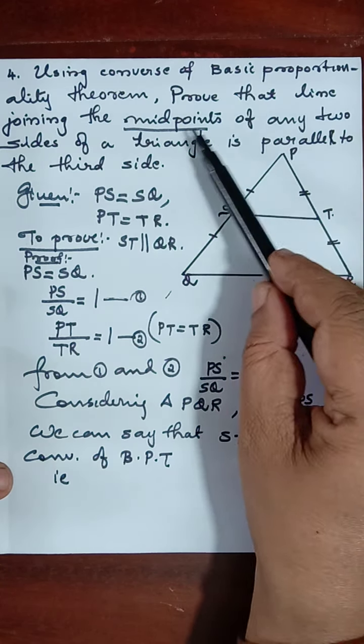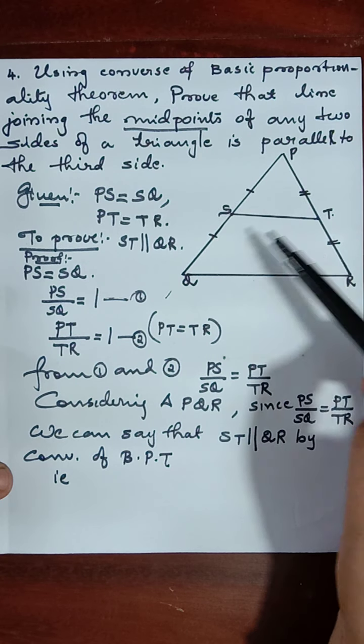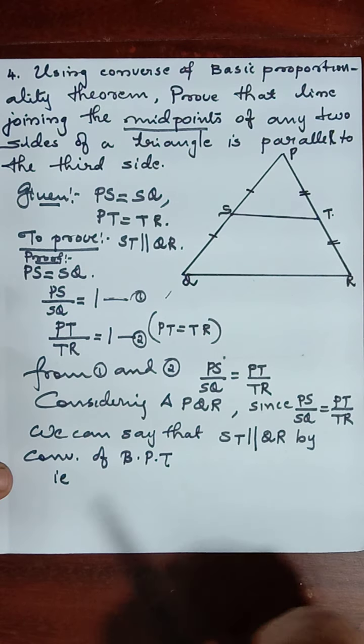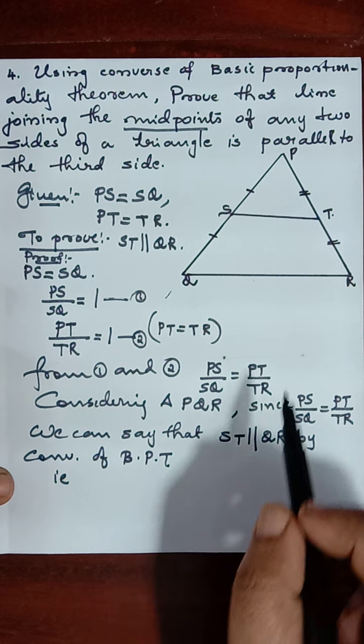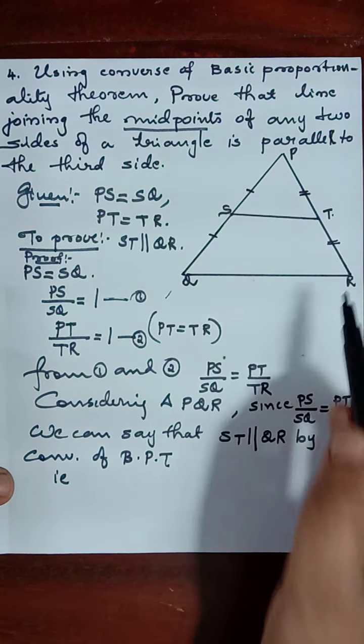We can write once more if you want. Line joining the midpoints of any two sides of a triangle is parallel to third side. That is line joining the midpoint is ST. Parallel to third side.